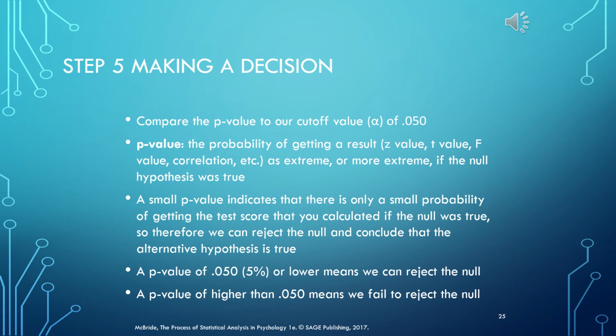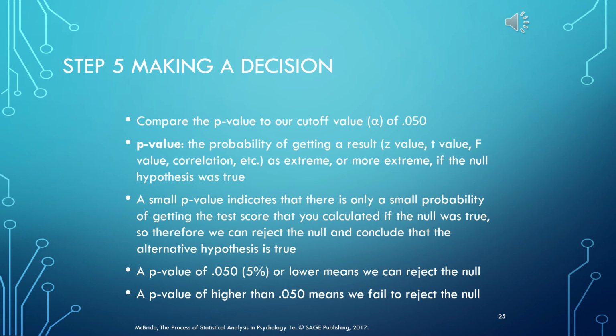The table doesn't even go up that high, because there's no chance you would ever see that if the null hypothesis was true. And so what we've actually just found by looking up in the standard normal table, or the unit normal table, or the z table, it's got a bunch of different names.